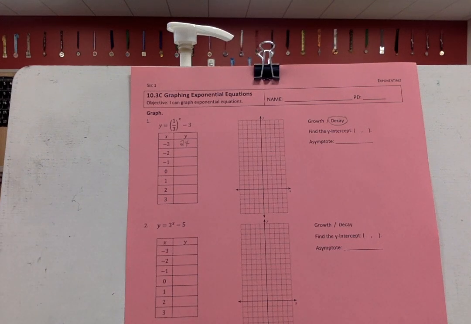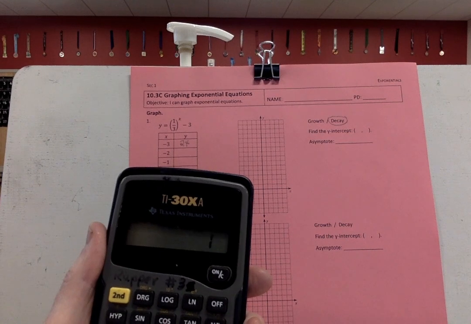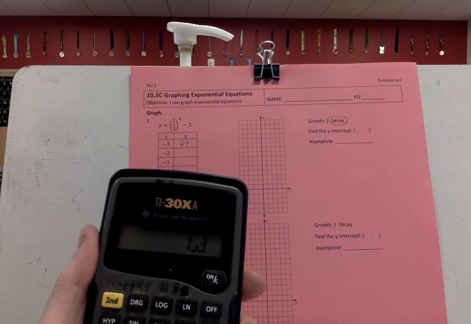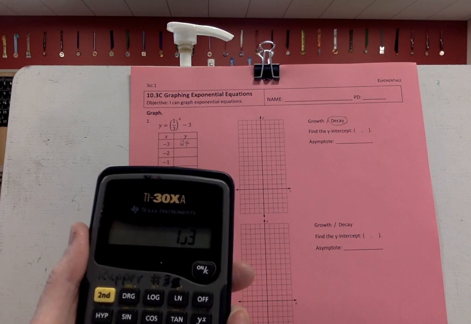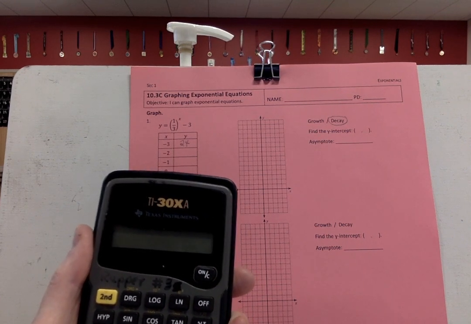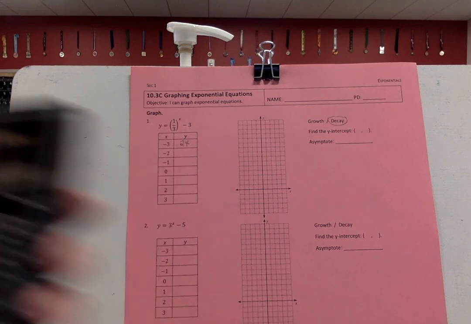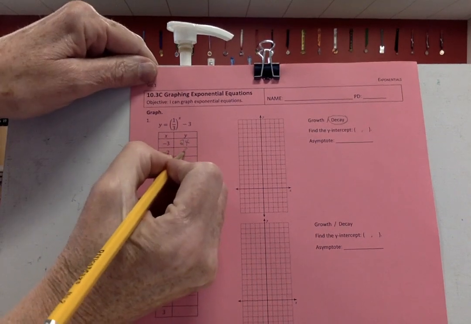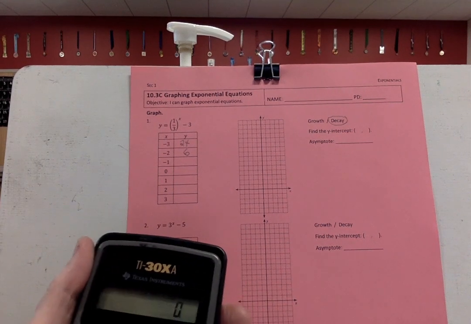Then I'm going to put a -2 in. So I go parentheses, 1, ABC, 3, in the parentheses, y to the x is the power button, 2 negative, equals, and then minus 3, 6. Then I'm going to do that to the -1 power.